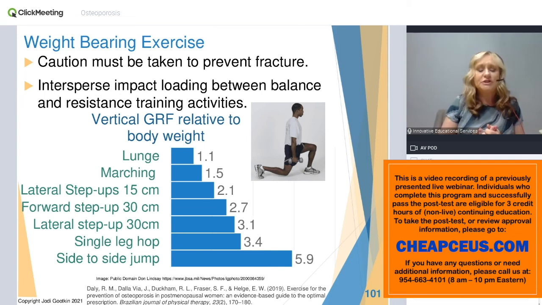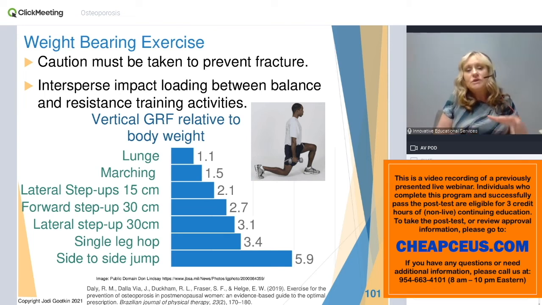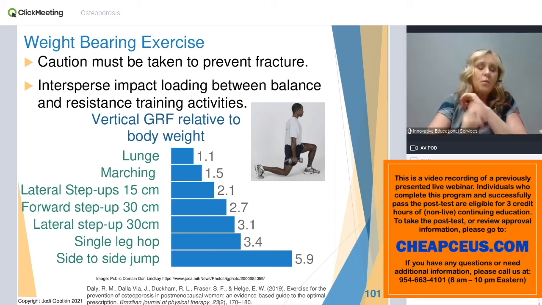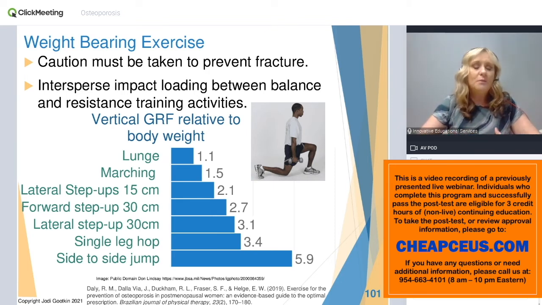Looking at some research that was pulled to see the amount of ground reaction force coming up through the bone with different activities, what's generally suggested to be osteogenic and improve bone strength is greater than 2 times the body weight going through the bone. So that ground reaction force coming up should be greater than two times the body weight.